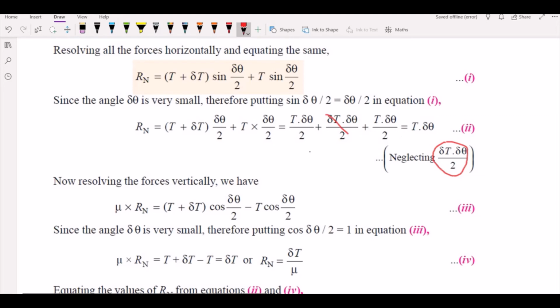Now again, that was taken for the horizontal forces. Now if I take the vertical forces by resolving that, then we have mu into Rn is equal to T plus del T into, for the horizontal one we took sine, and the vertical one I am taking as cos.